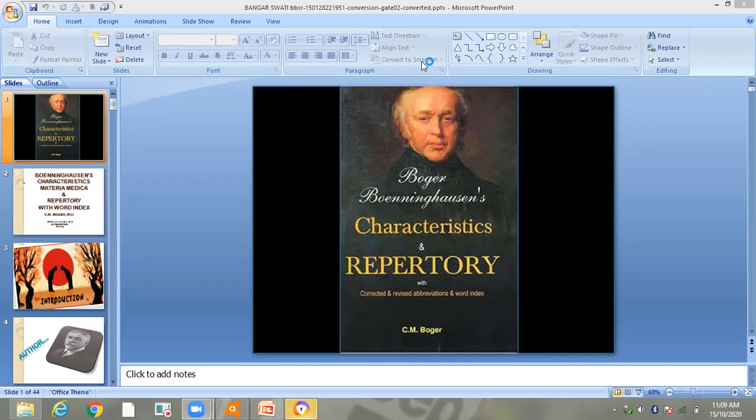Then rubrics related to types of constitution we find in this repertory, in the chapter sensation and complaints in generals, and this is very useful to find out the simillimum. Then separate concomitants are given in this repertory.